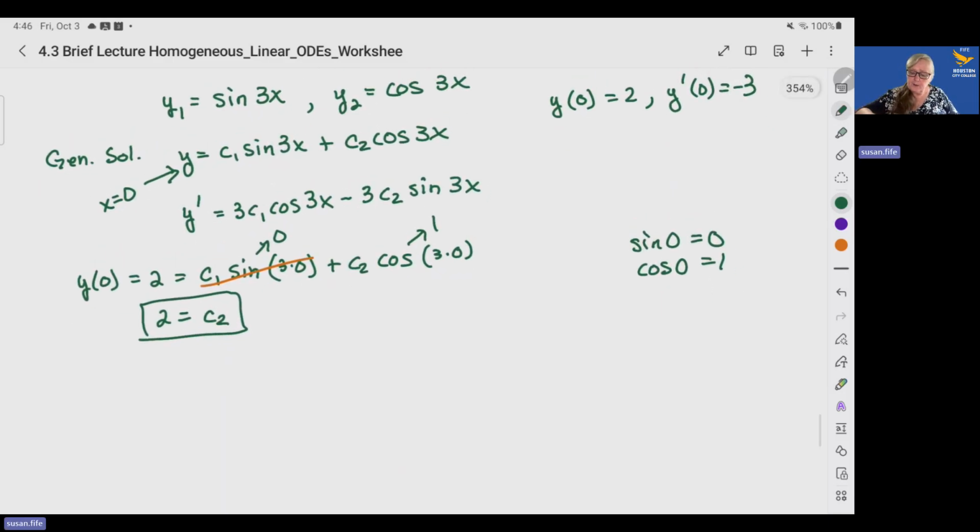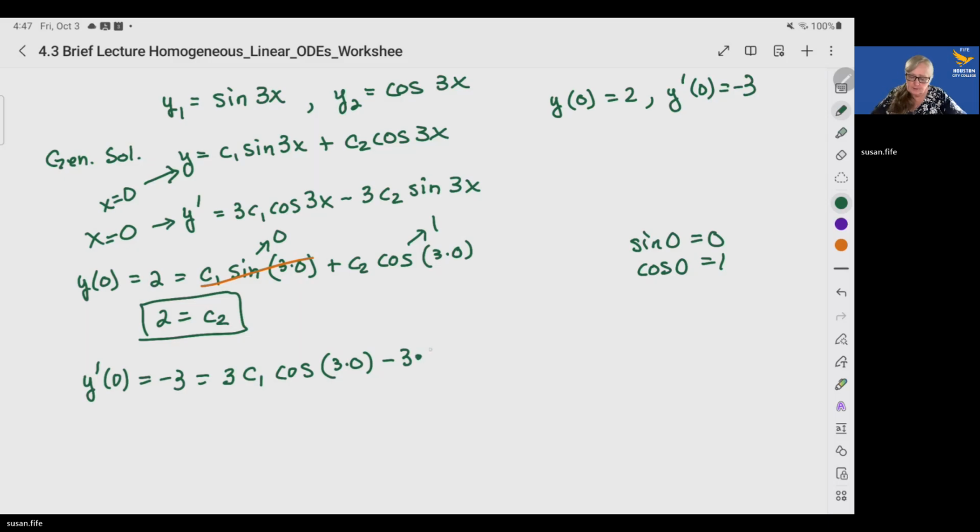And then I know y prime of 0 is negative 3. So I'm going to substitute 0 into that y prime, and it gives me 3c1 cosine 3 times 0 minus 3c2, c2 is 2, sine 3 times 0.